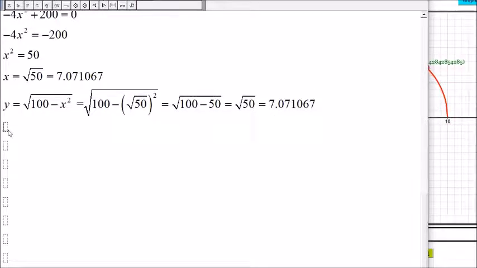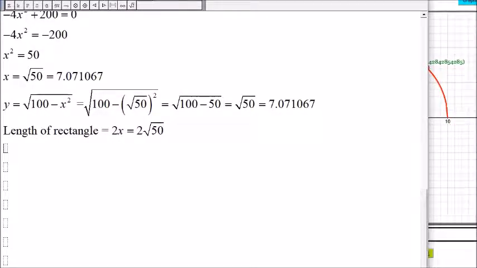The length of the rectangle is 2x, so this is 2 times the square root of 50.